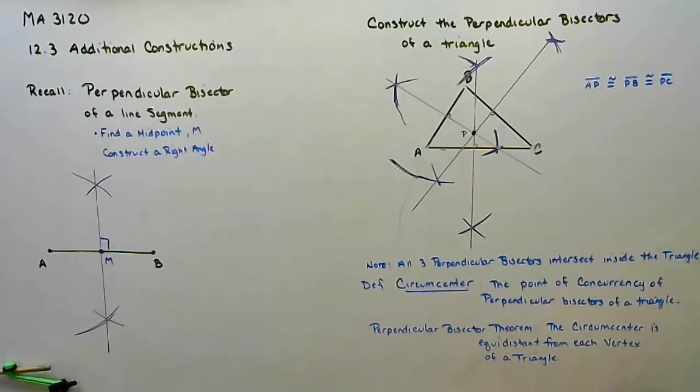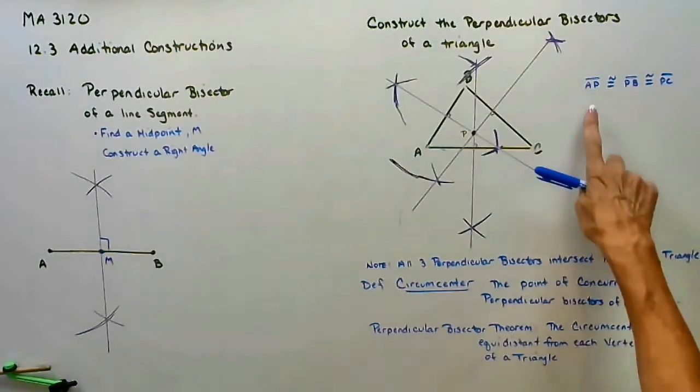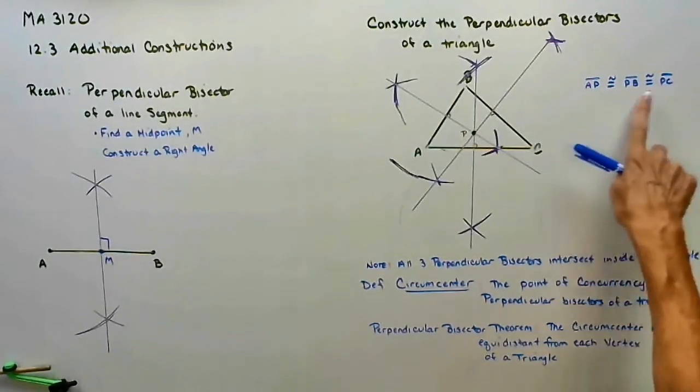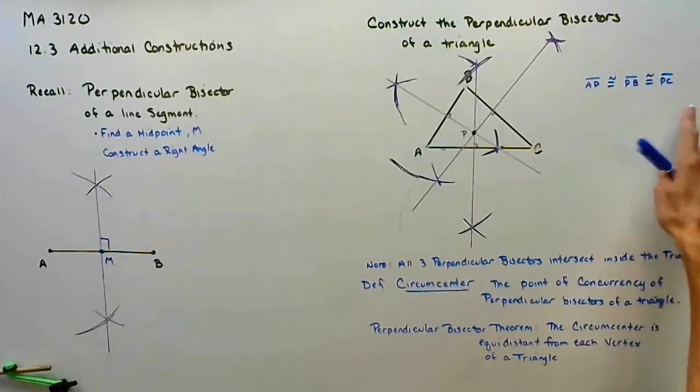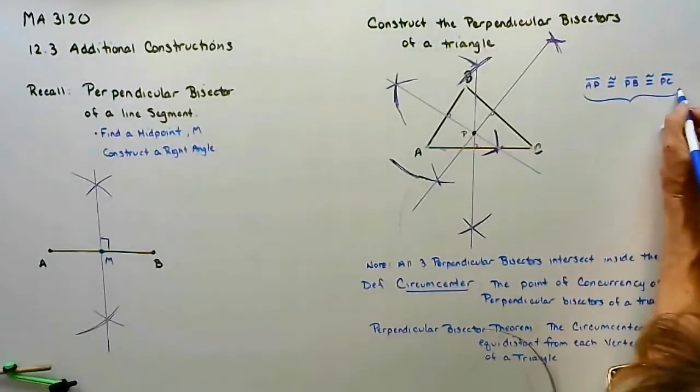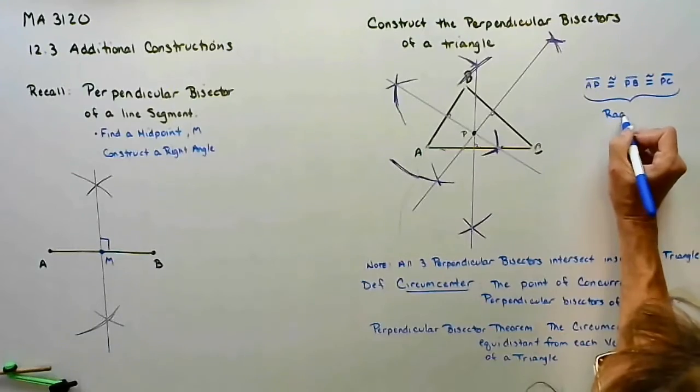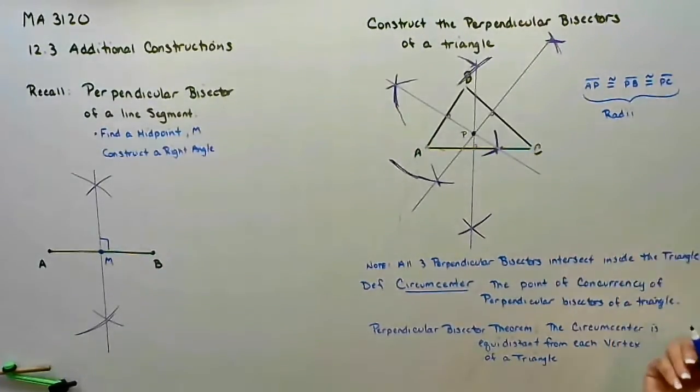Well, if all three of those are congruent, they create a radius, which means that I can circumscribe a circle around this triangle. Since all three of these are the same, all three of these become radii, plural of radius.